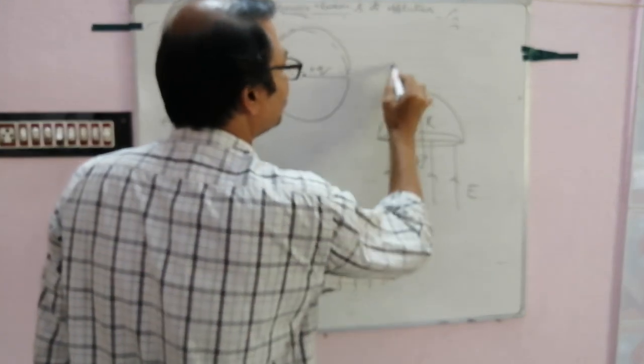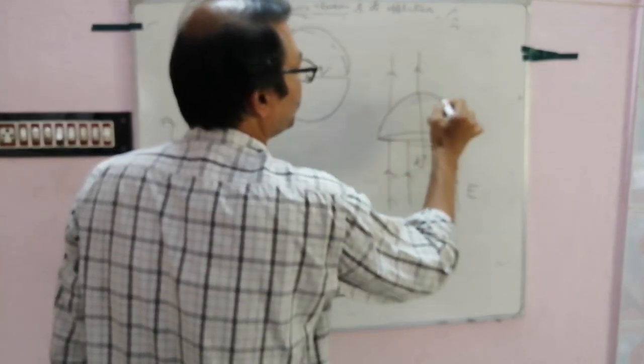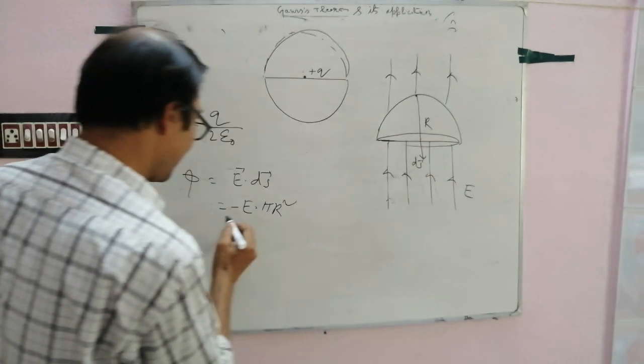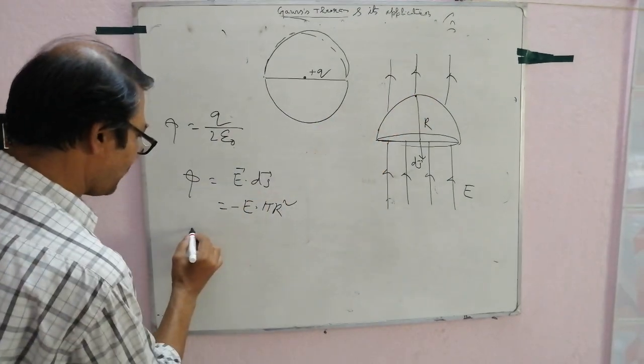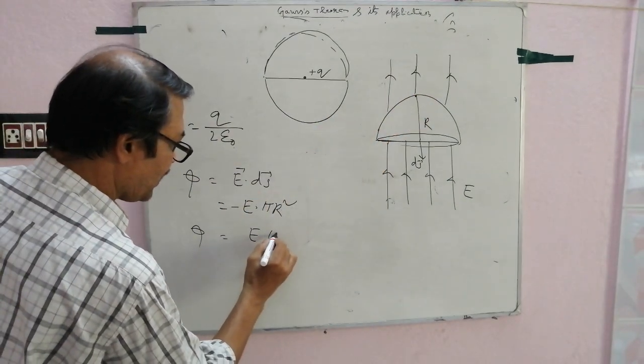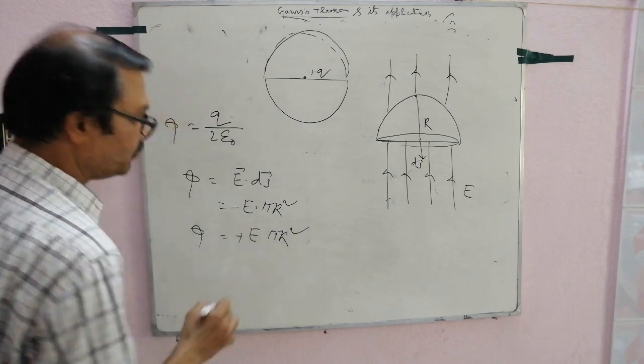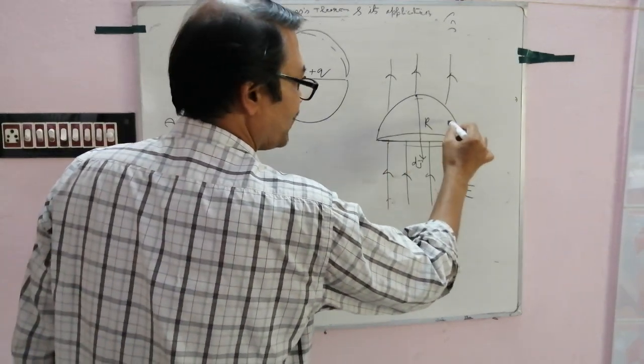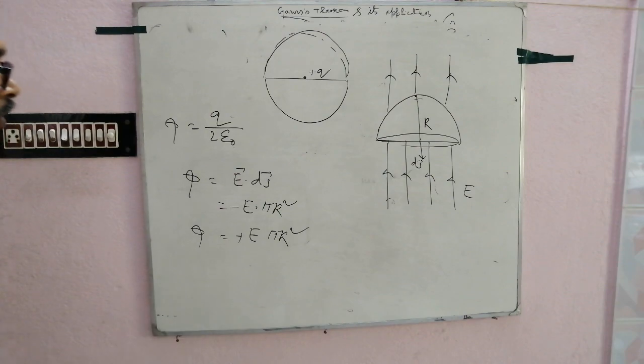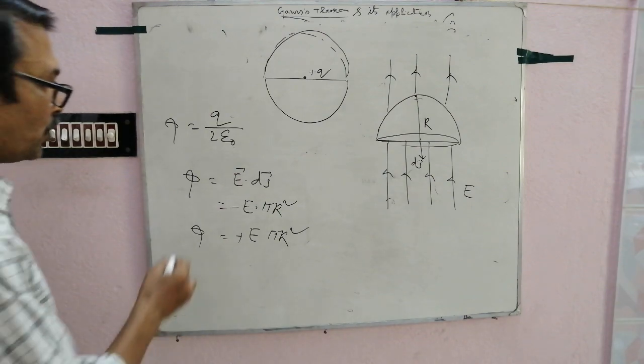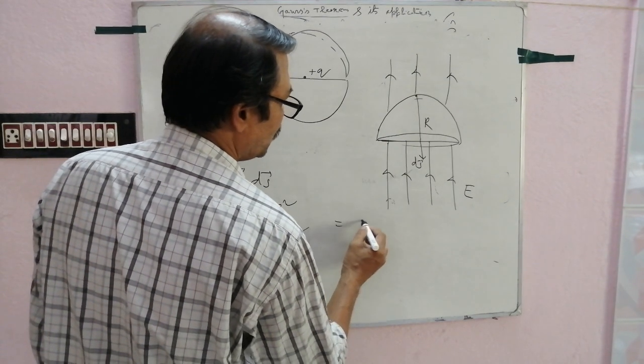Here the flux will be the same, that is phi equals E pi r square, but positive. So the total flux linked with this closed surface is of course 0, because phi plus phi equals 0.